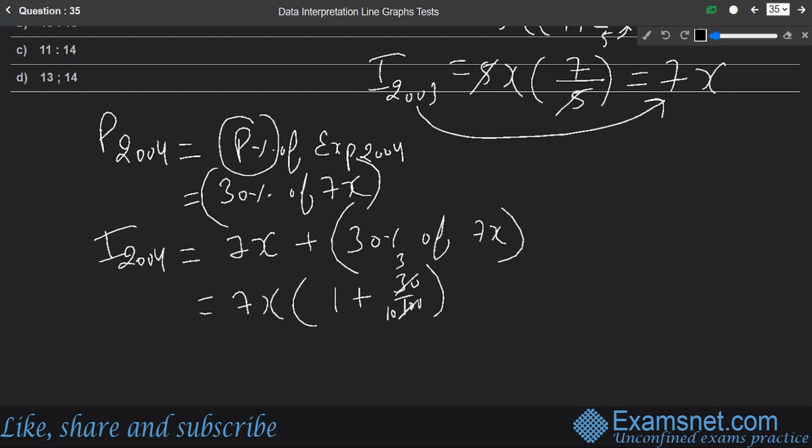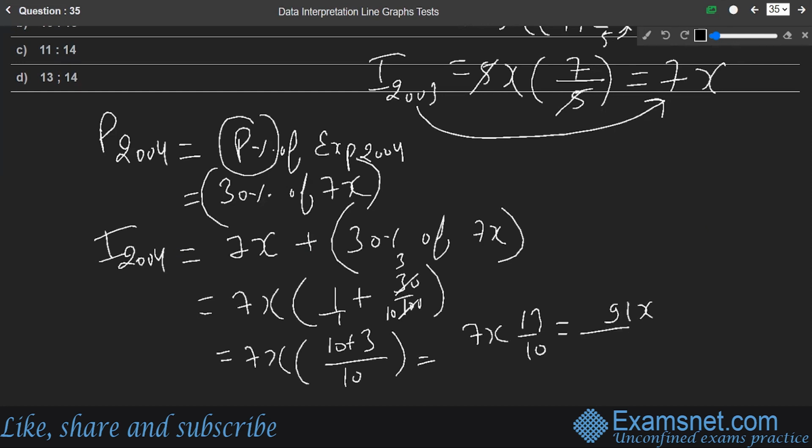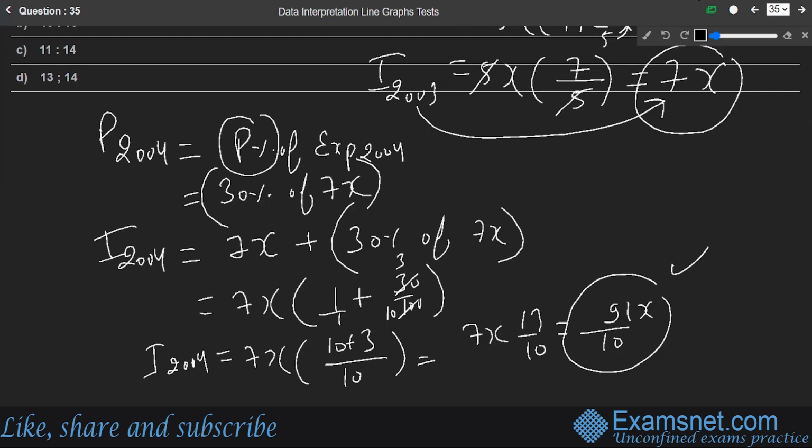So it's 1 plus 3 by 10, which is nothing but 7x into (10 plus 3) by 10, that is 13 by 10. So it becomes 7x into 13 by 10, which is nothing but 91x by 10. This is the income value for 2004. Income value for 2003 was 7x. Income value for 2004 is 91x by 10.